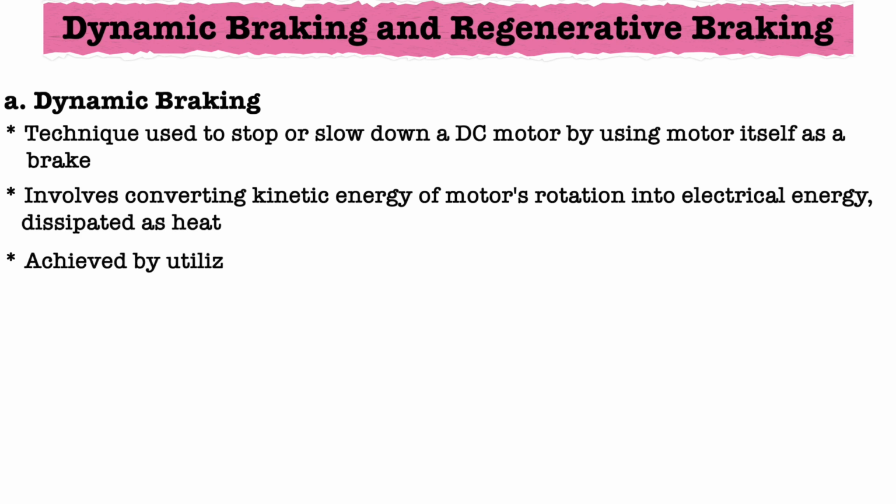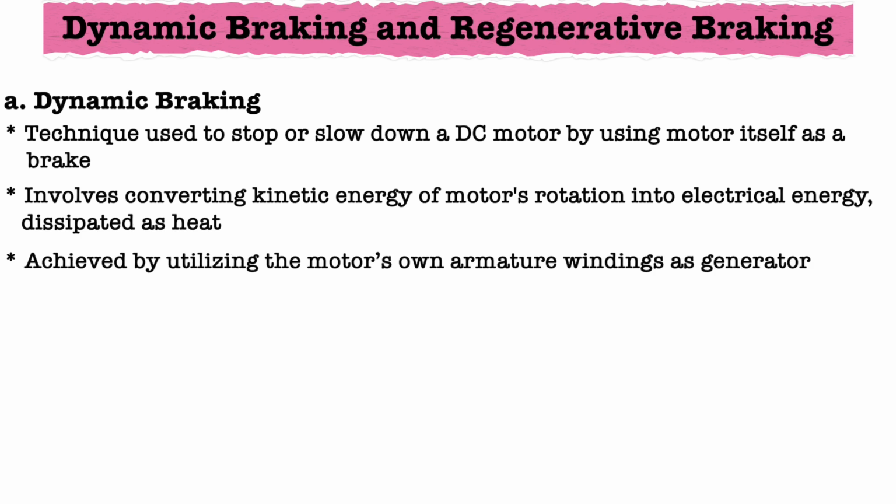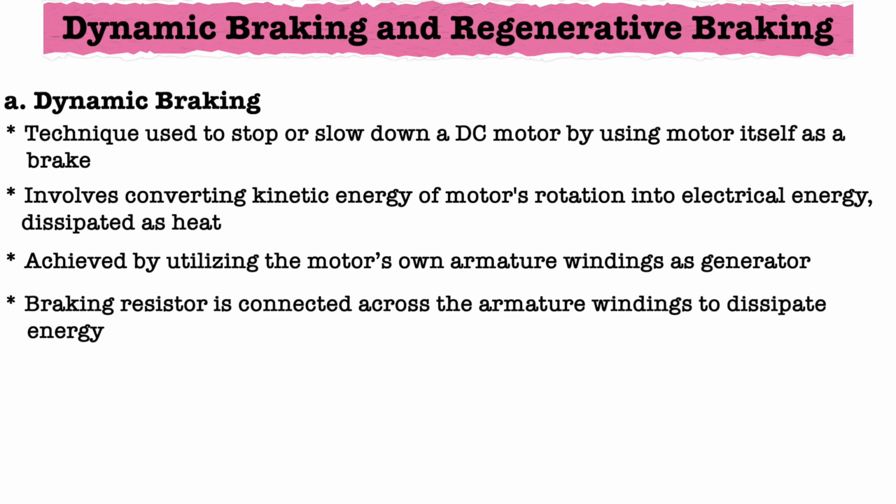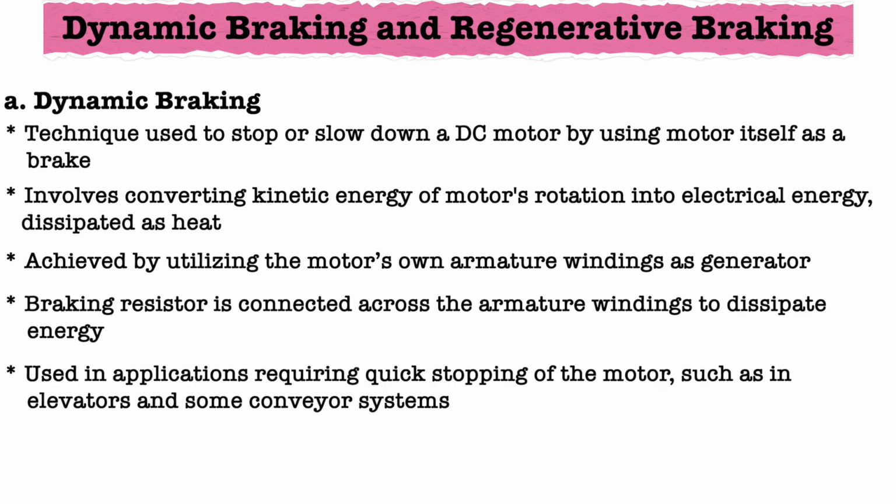This is achieved by utilizing the motor's own armature windings as a generator. A braking resistor is connected across the armature windings to dissipate energy, and this finds its application where quick stopping of the motor is required, such as elevators and some conveyor systems.